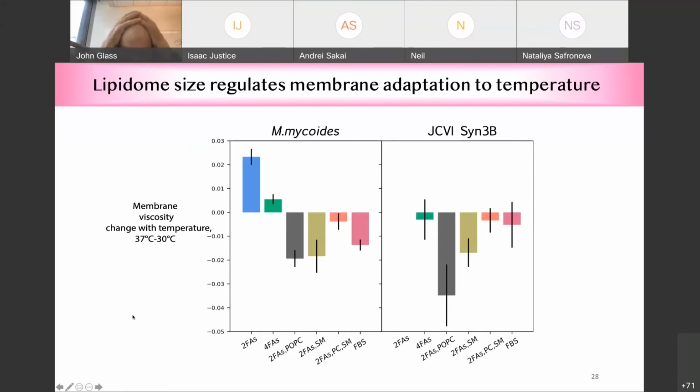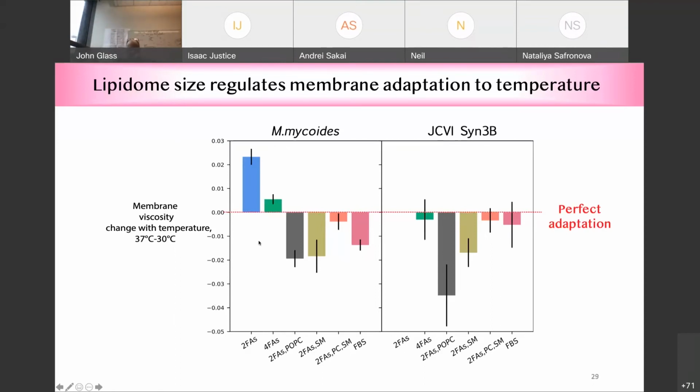So what you essentially need to know to understand this plot is that in case of a perfect adaptation of membrane viscosity to temperature, cells should exhibit no change in the absolute viscosity value as the temperature goes down. So the smaller change means better adaptation to temperature.